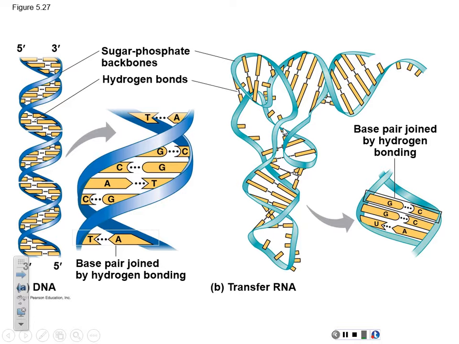And those, in turn, are used by cells to determine the order in which amino acids get strung together. There's a three-letter code. 3 nucleotides correspond to one specific amino acid. Right? So you can spell out which amino acid to put in by different combinations of those nucleotides.